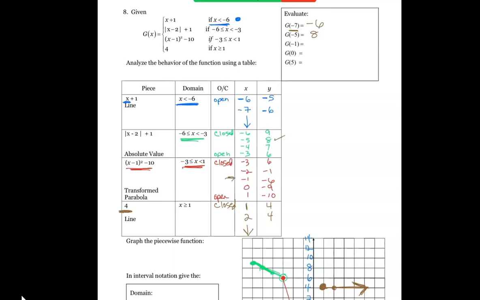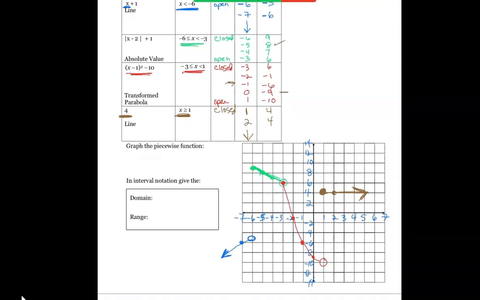Yep, right over here. That makes that a negative 6. What about 0? Yep, right over here. That makes that a negative 9. And what about 5? Well, I didn't plug in a 5, but I would plug it in here or here, and no matter what I plugged in, I would get a 4 back. So I've now done the evaluate.